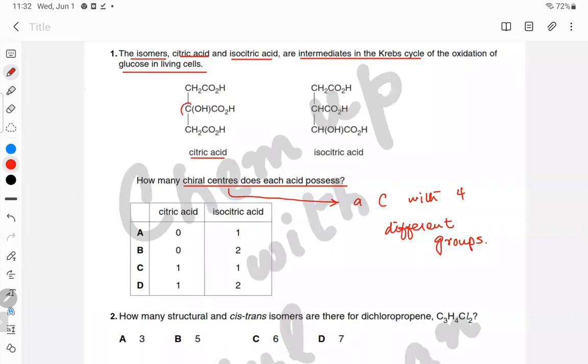So this is the carbon. And if you look at these two groups, these two are the same groups, right? So it means it has no chiral center. And if citric acid has no chiral center, then C and D go wrong. Is this understandable to everyone?